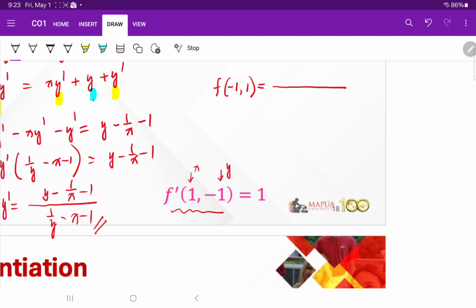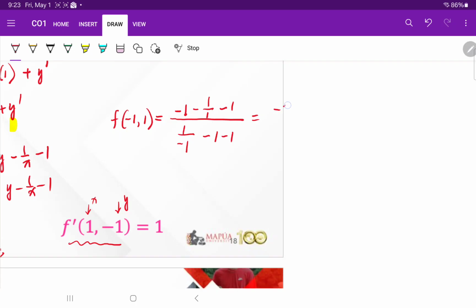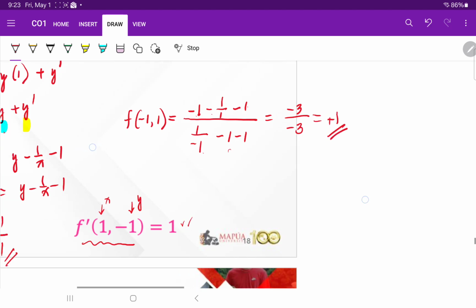So replace y by negative 1, minus 1 over 1 for x, minus 1, over 1 over negative 1 minus 1 minus 1. So this gives you what? Negative 3, right? Negative 3 over negative 3, which is positive 1. So that's how you get this answer.